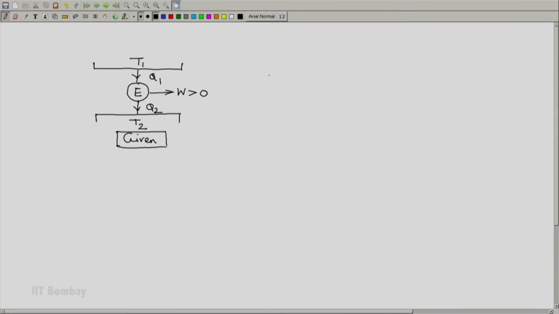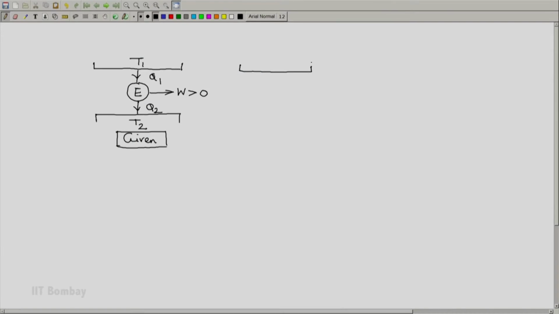Now the question is, suppose I have these two reservoirs at two distinct temperatures. I should consciously write it down to emphasize that the two temperatures are different, and I allow direct contact between them through a device, maybe a conducting rod or something, which allows flow of heat.